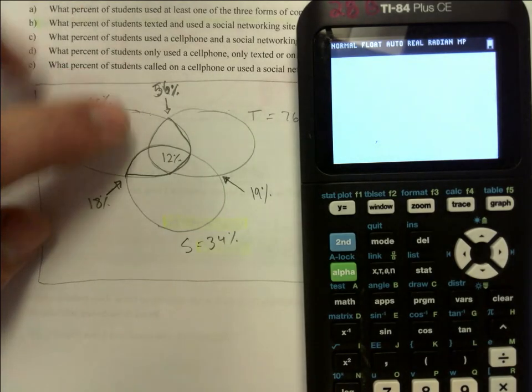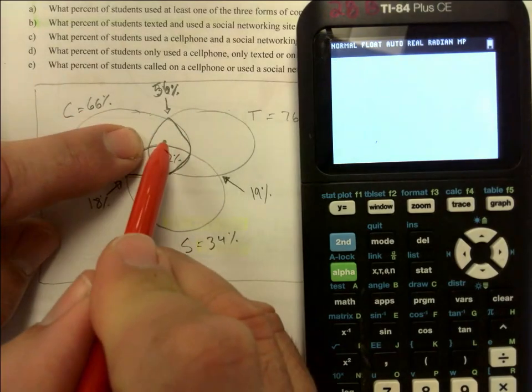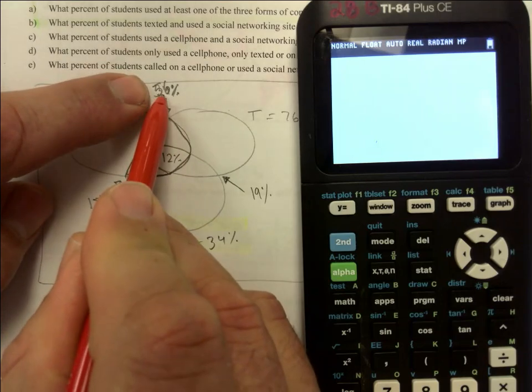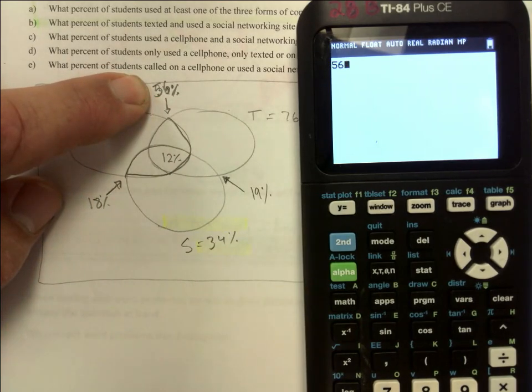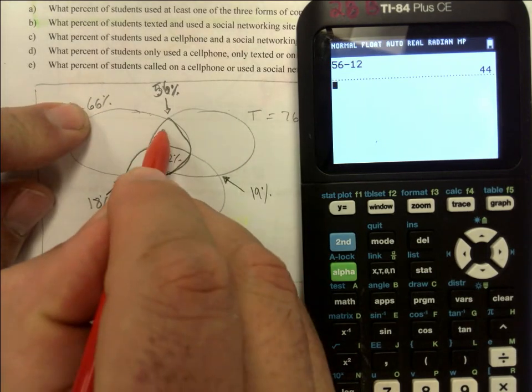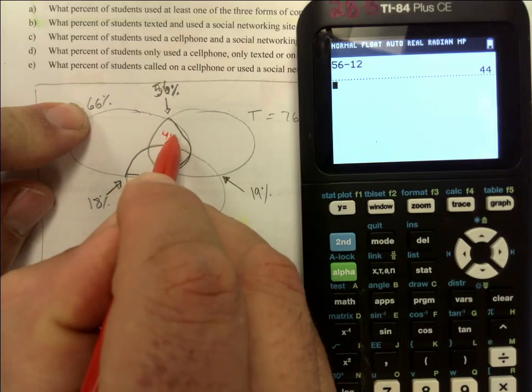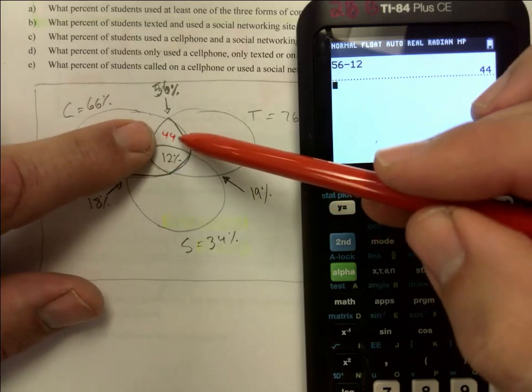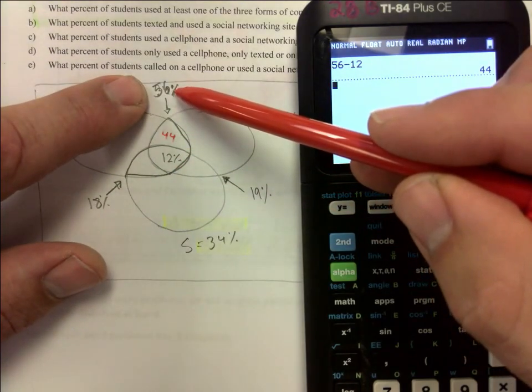So to fill out this section right here, look up here, right? This section, I will go 56 minus 12. That gives you 44. And you should be able to check, hey, 12 and 44, does that add up to 56? It does, right?